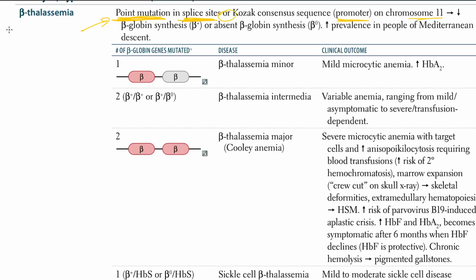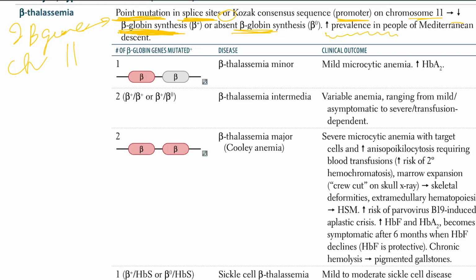Okay, so you have two beta genes on chromosome 11. If you have a point mutation, it leads to decreased beta globin synthesis. So you either have decreased beta globin synthesis, or you have absent beta globin synthesis.